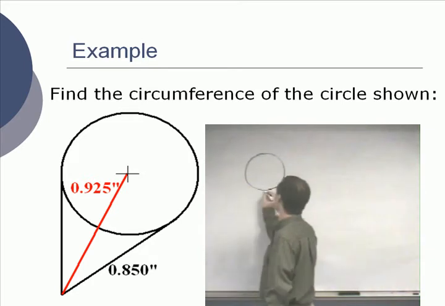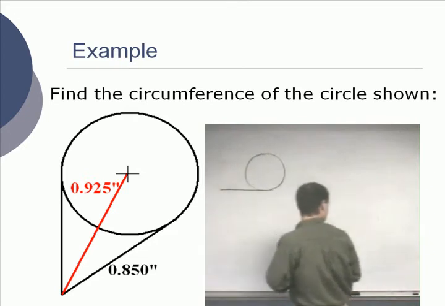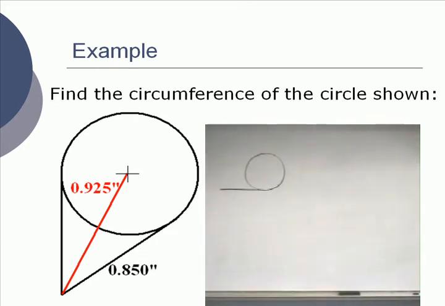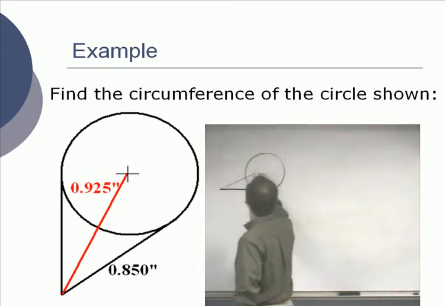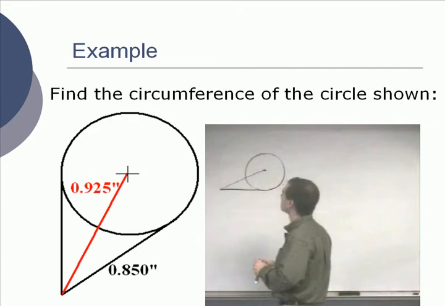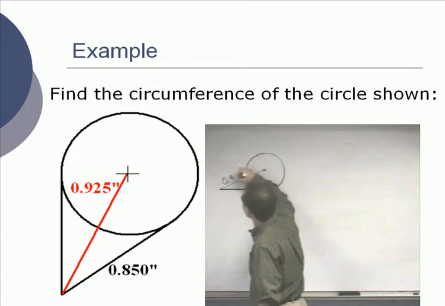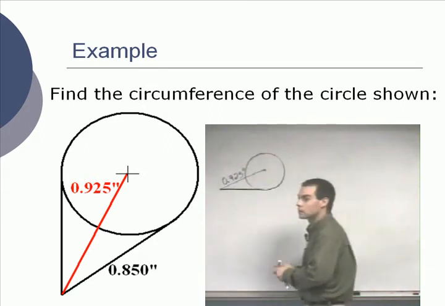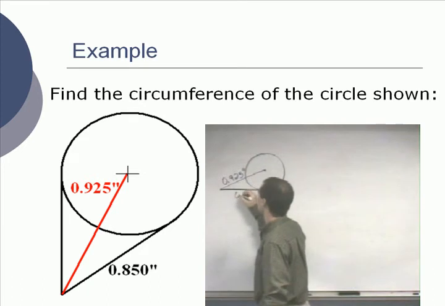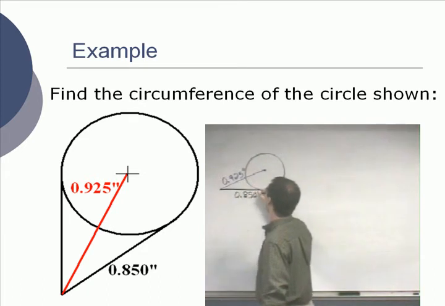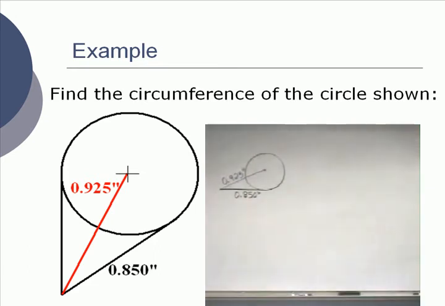I'm going to change the way this is drawn just slightly. Well, you want to find the circumference of the circle, which means you need to know the radius, so you can find the diameter, multiply it by pi.